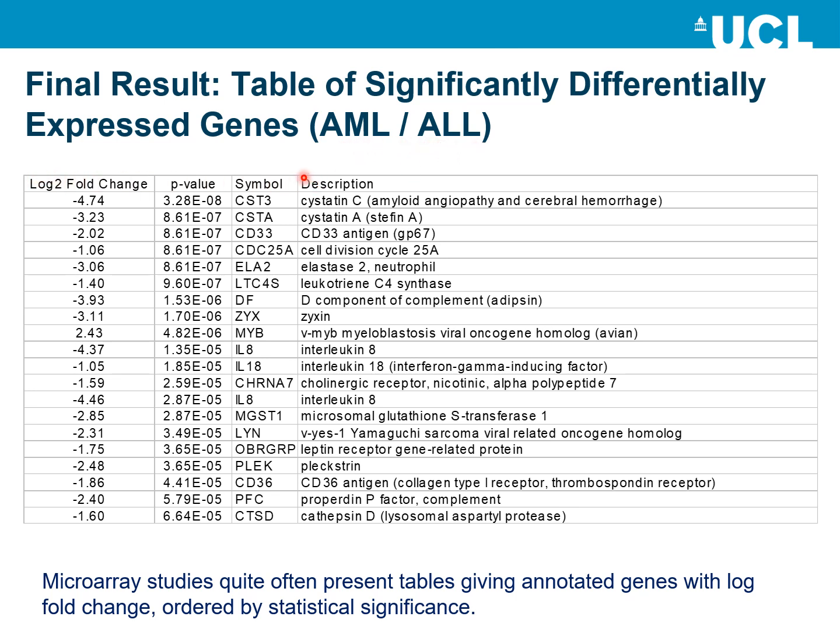And the GOLUB data, you get this type of table. So we get a log fold change, so it's about -5, so that's actually a downregulation of 32 times, 2 to the -5. It's got a p-value of 3 times 10 to the -8, so it's highly significant. And this is the gene symbol, and this is a description of the gene.